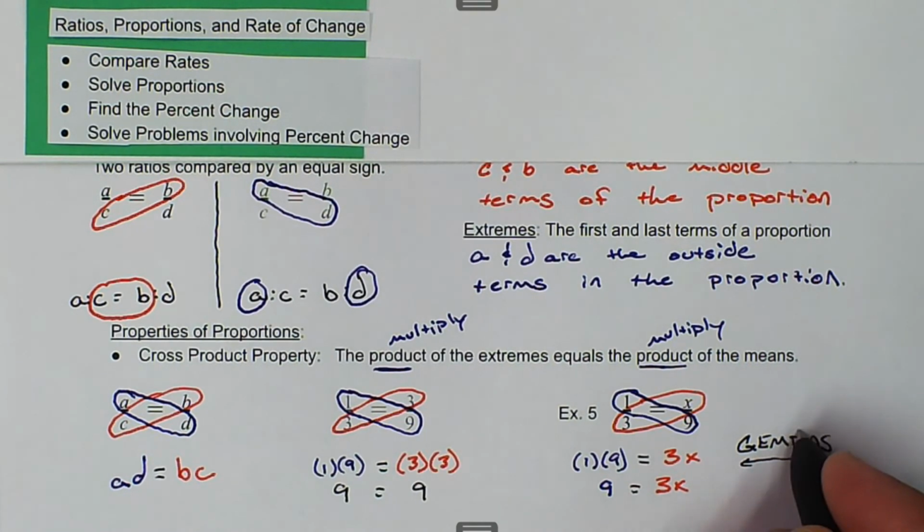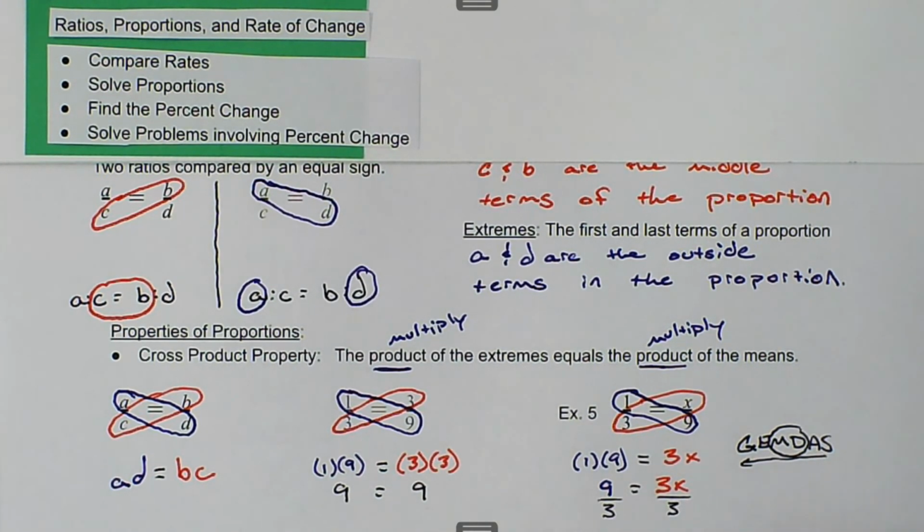We don't have addition and subtraction, but we do have multiplication, so we will divide. And then what we get is x is equal to 3. And that's what we had before when we started, but this is how we can use cross multiplication to find a missing term in the proportion.